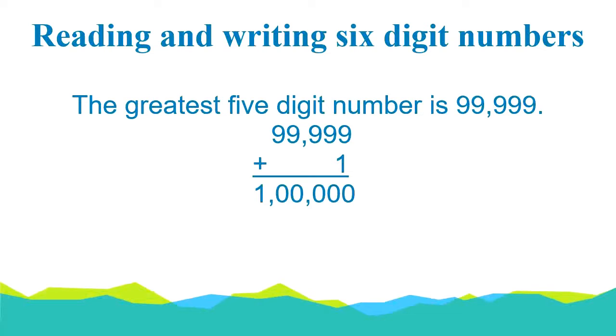When we add 1 to this number, we get the next number, which is 1 lakh, 1,00,000. To write this, one place to the left of the 10,000s place has to be introduced. After the 10,000s place, to the left-hand side, there is one more place added, and this place is called the lakhs place.